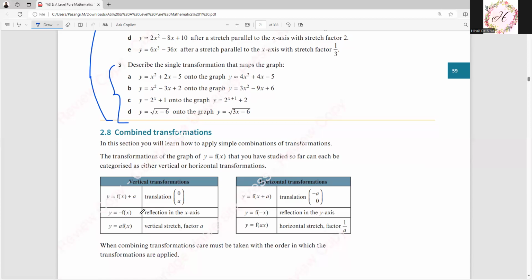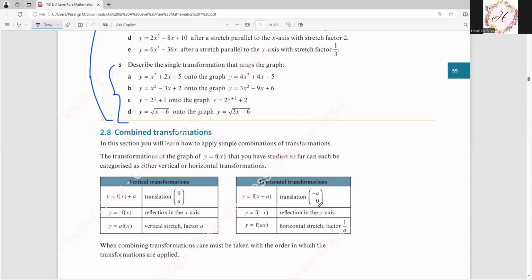Then we have the vertical stretch. Whatever we did so far, we have narrowed down or summarized into two kinds of transformations: one for vertical, the other for horizontal. For the vertical transformation, we have the translation (0, a), the reflection in the x-axis, and the vertical stretch with factor a. For the horizontal transformation, we have the translation (minus a, 0) and the reflection in the y-axis.